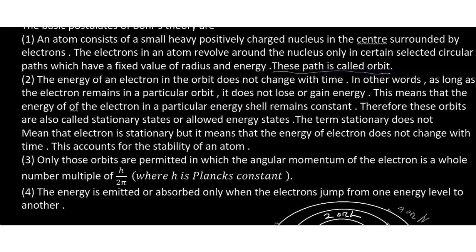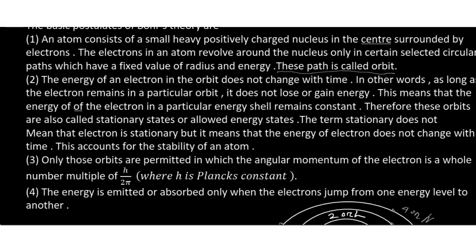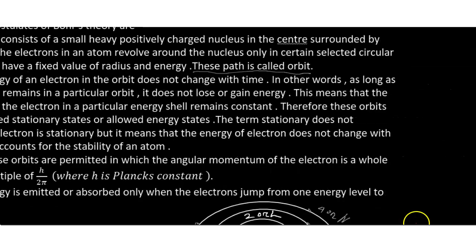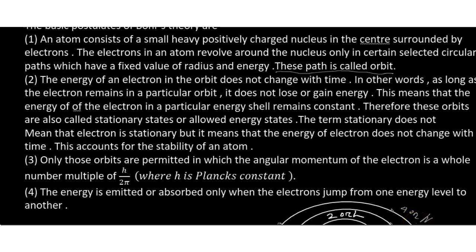The energy of an electron in the orbit does not change with time. In other words, as long as the electron remains in a particular orbit, it does not lose or gain energy. This means that the energy of the electron in a particular energy shell remains constant.